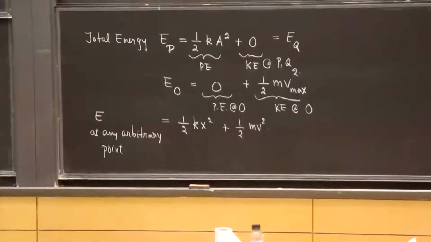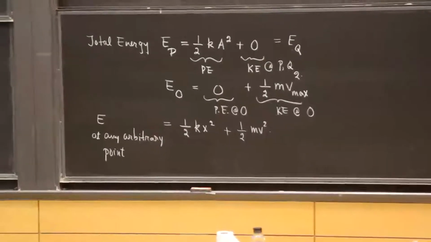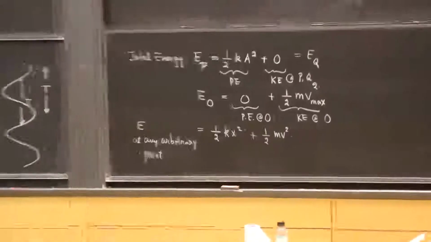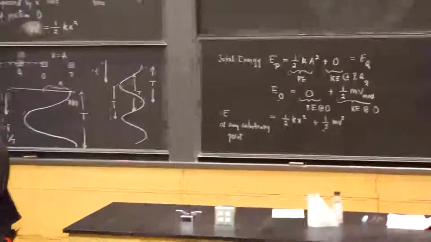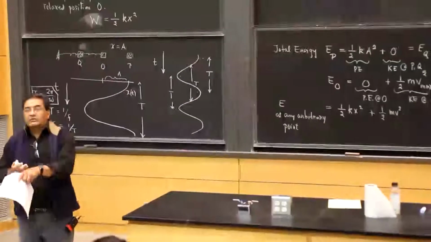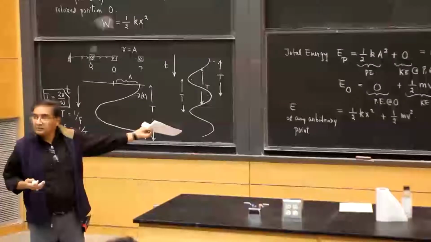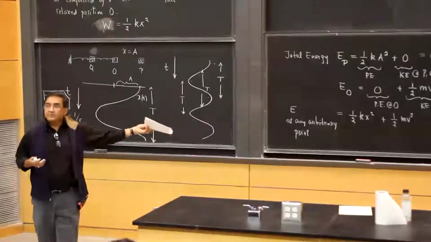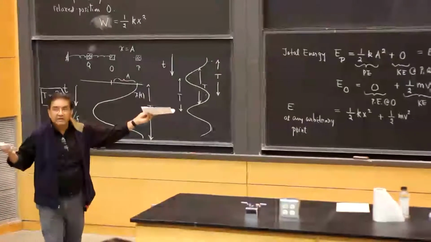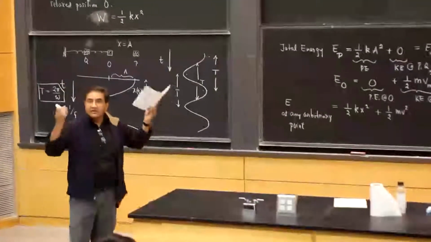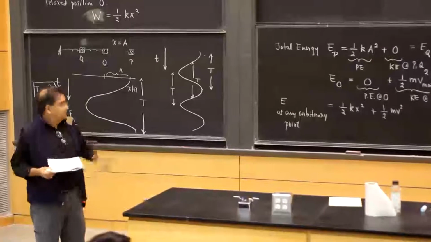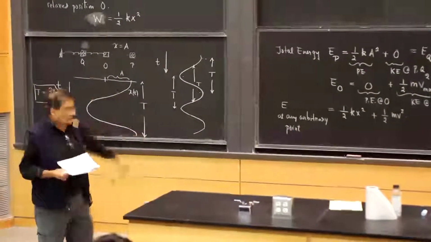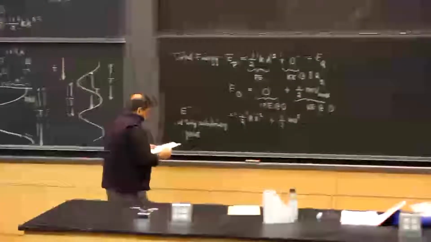I got to know the v and the x. If I know the total energy, if I know x, I can find v. And you will encounter quite a few problems in which you'll be asked to do exactly that. So don't get tripped up if I ask you to find v, and I give you the total energy and the point at which you're supposed to find v, because it just comes straight out of energy conservation. It's not rocket science.